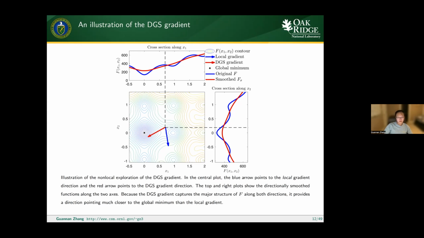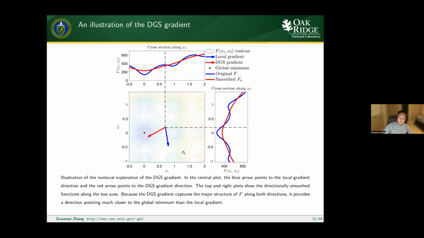Because of the smooth cross-section, the red arrow points to a much better position. If we perform gradient descent along the direction indicated by the red arrow, we will get much better performance. That illustrates how this DGS gradient works.